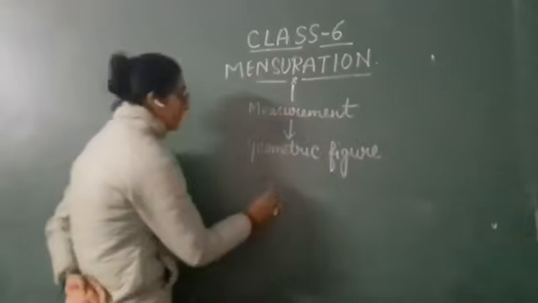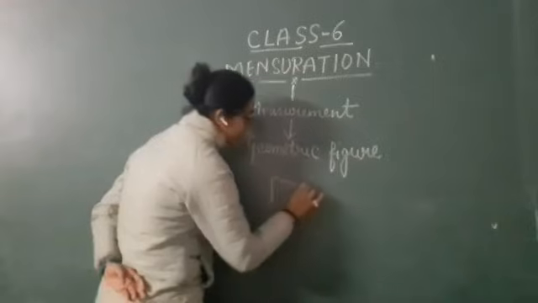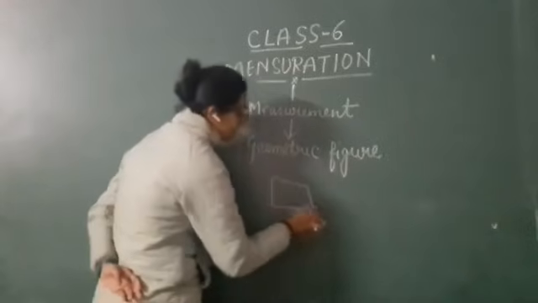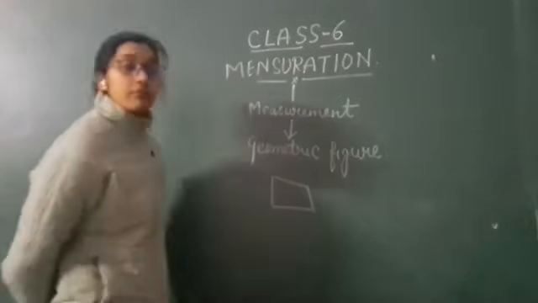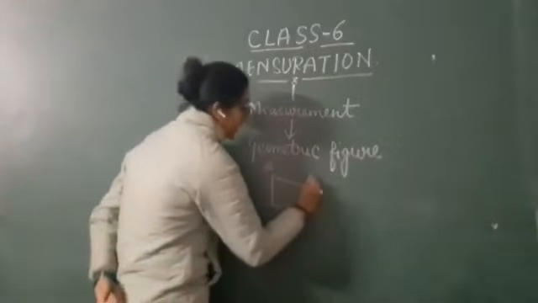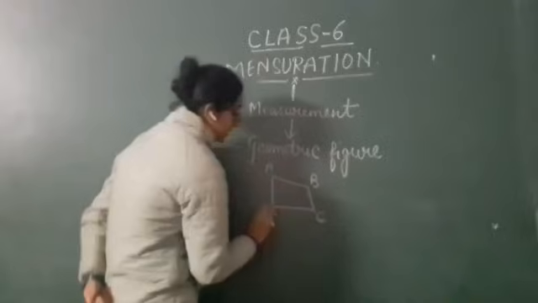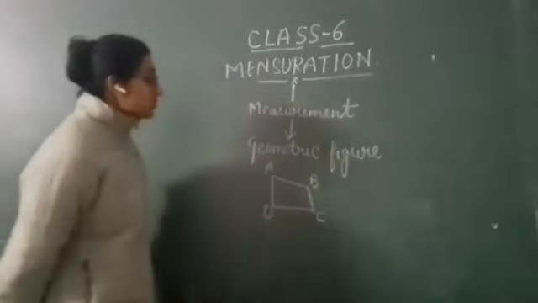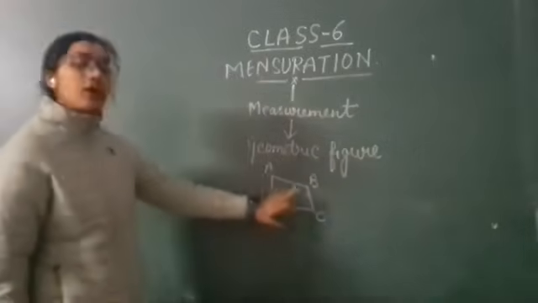For example, if I am taking a figure, the lengths of the boundaries are given. See, if we have taken A, B, C, D, in this also we have the boundaries.